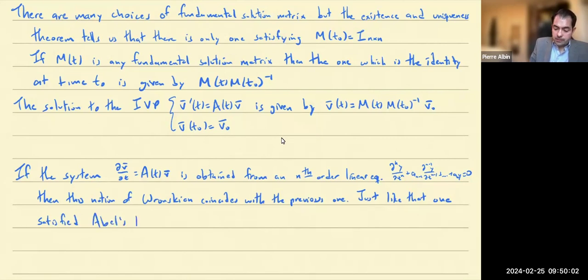Now, just like that one satisfied Abel's theorem, this one satisfies the Abel-Liouville theorem, right? Named after Niels Heinrich Abel and Joseph Liouville.